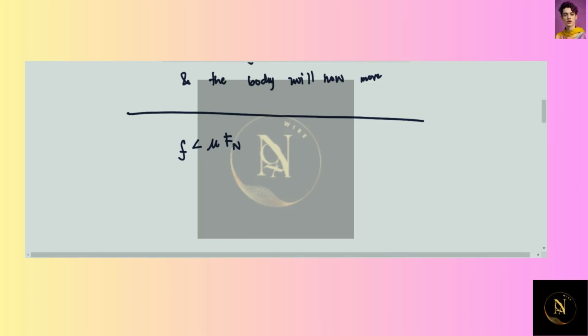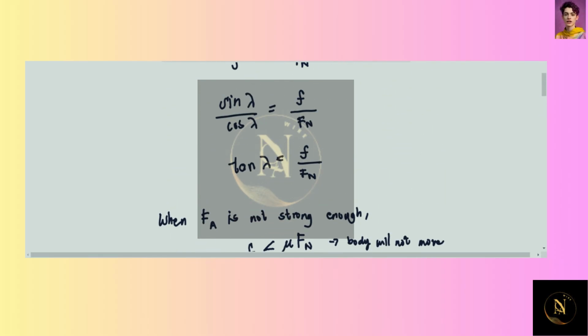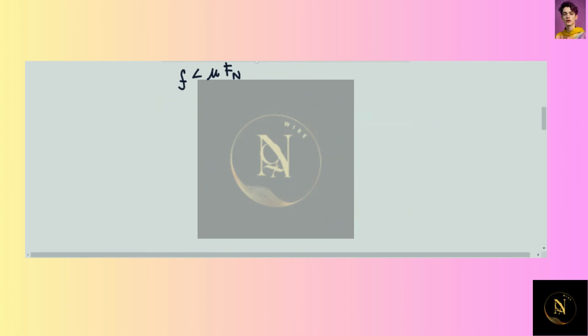Inserting this expression to the equation we have for the angle, tangent lambda is less than the product of the coefficient of friction and the normal force over the normal force. Simplifying, then tangent lambda is less than or equal to the coefficient of friction.